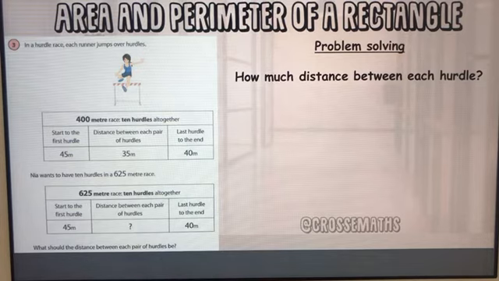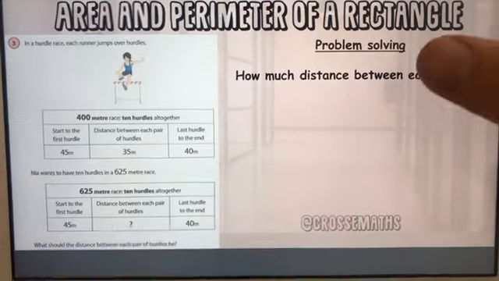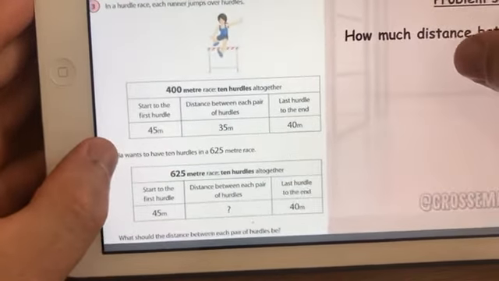So if they've added bits on, you've got to work out what the distance is in the middle. Just going to zoom right in on that, guys, just so you can really see it clearly, okay?